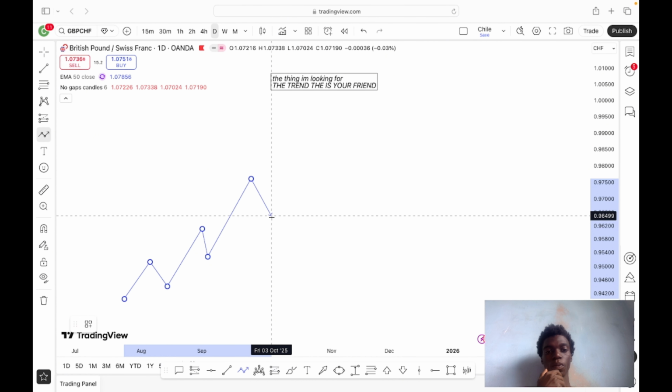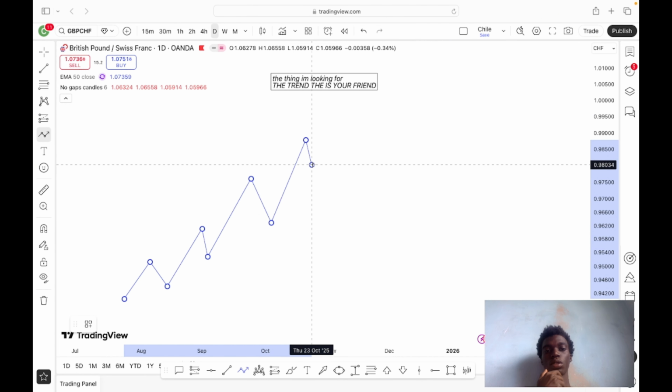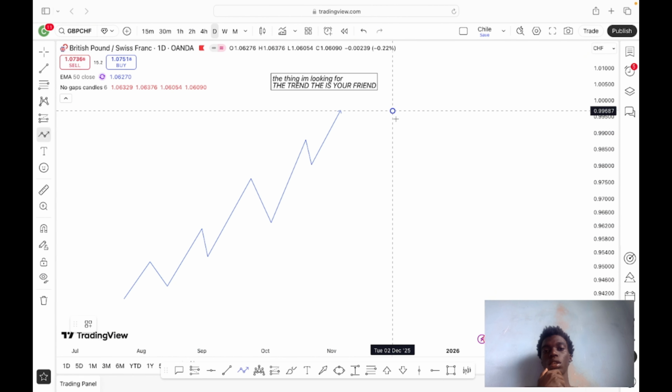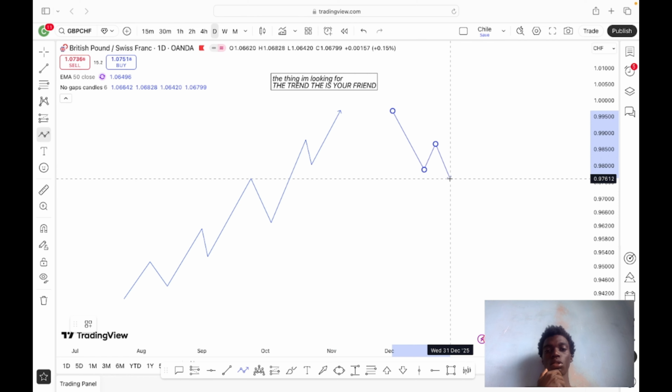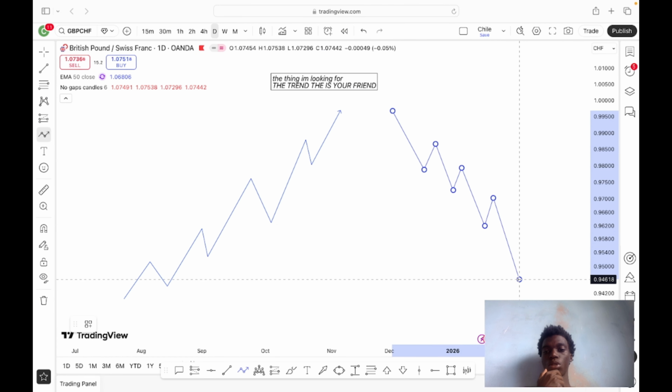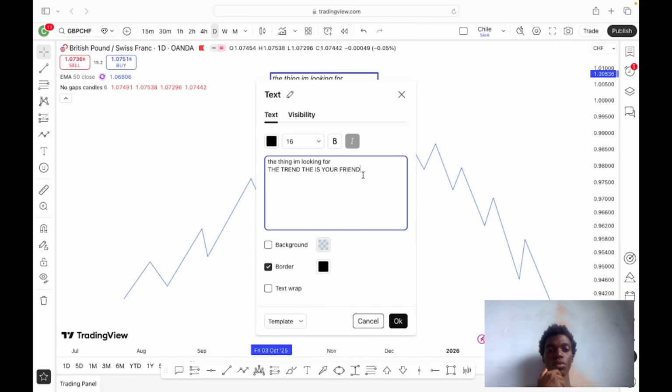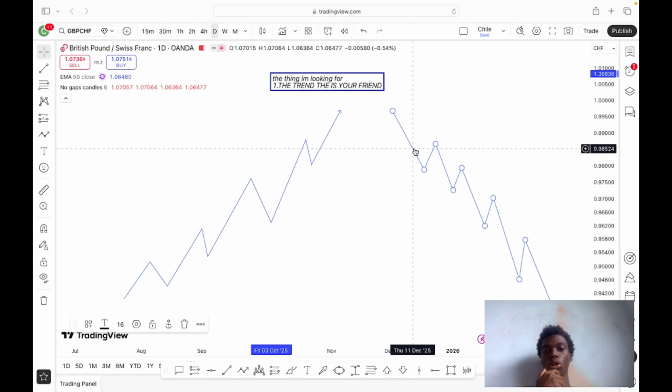So this is an ideal trending market. And this is also a trending market, which is a bearish trending market. This is a bullish trending market, and this is a bearish trending market. The first thing I'm looking for when I approach the market and I'm looking for a setup is a trend.